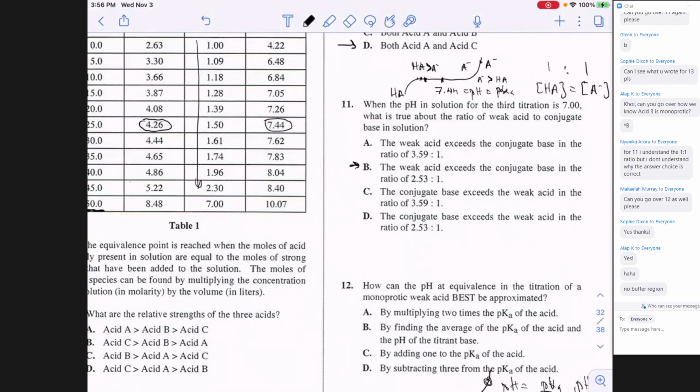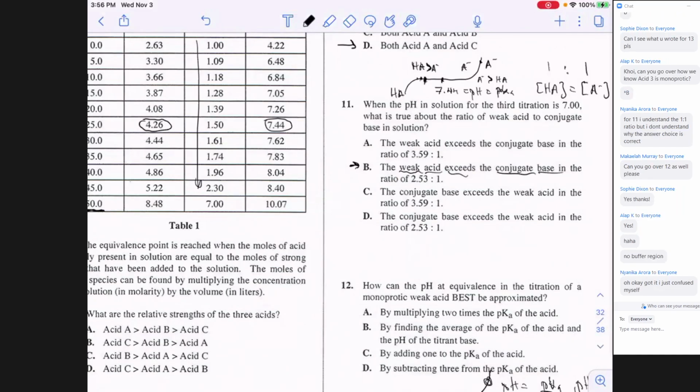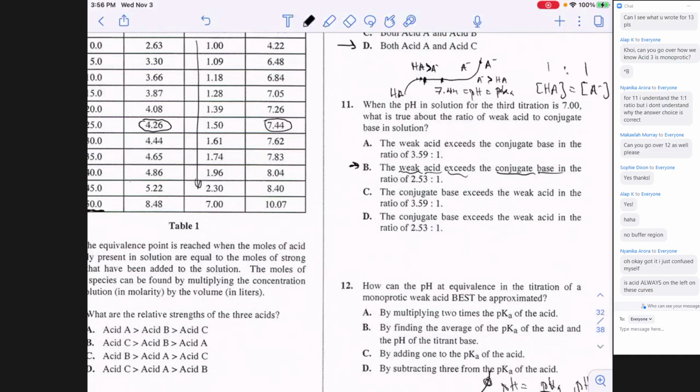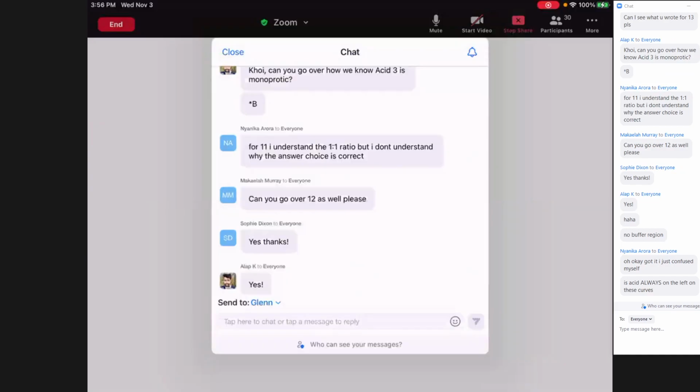So I'm going to choose something on the left side because pH of 7 is on the left side, which means the weak acid is going to exceed the conjugate base. And I'm choosing the ratio that's closest to 1-to-1 because 7 is closer to 1-to-1, right? Or 2.53 to 1 is closest to 1-to-1 out of the two ratios I have to choose from. Does that make sense for number 11?